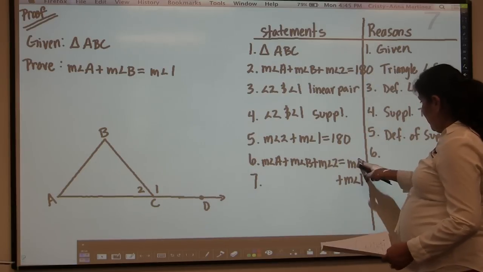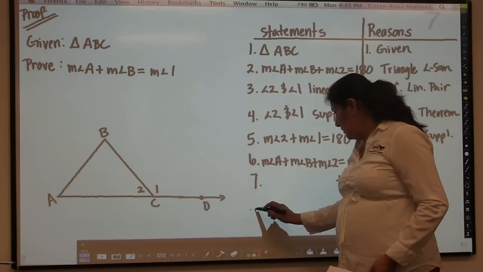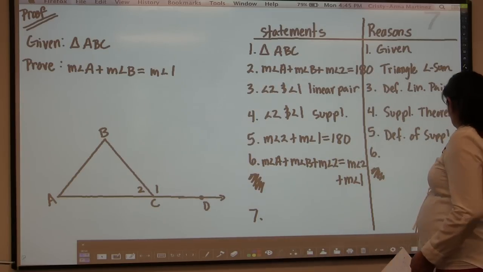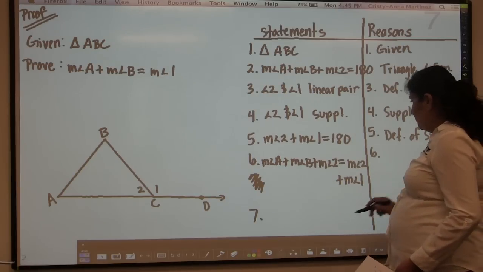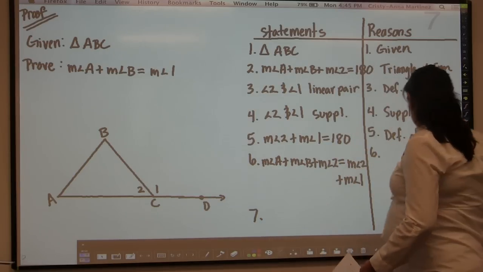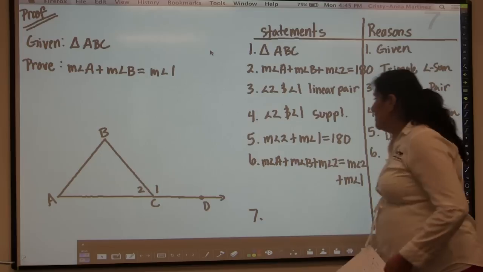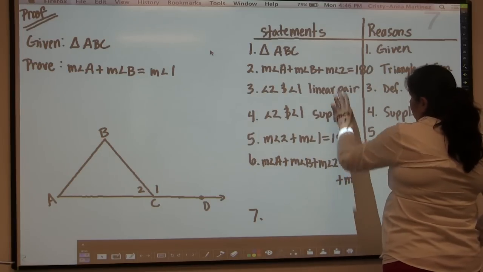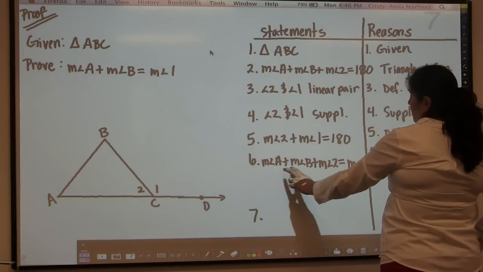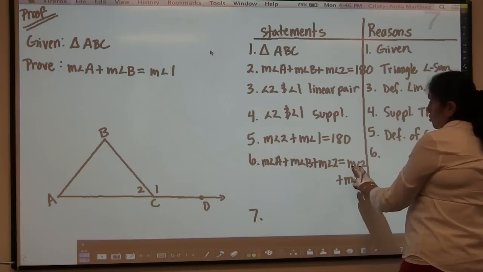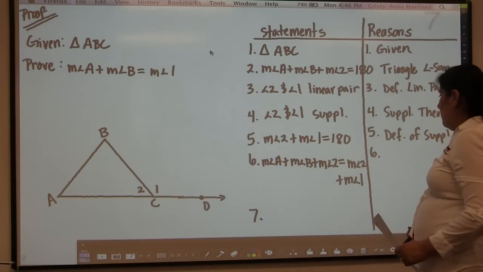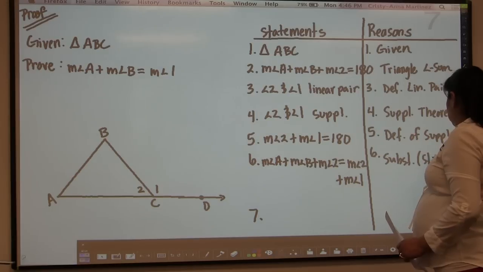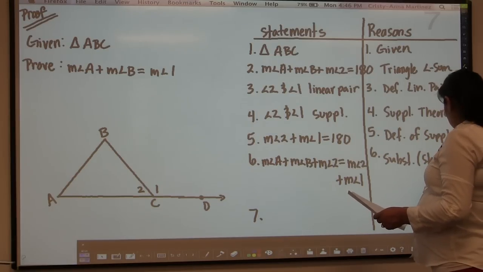Unfortunately, I had to drop down here, so we're going to bring this further down. But basically, since this equals 180 and this equals 180, then they should equal each other. So we've got A plus B plus 2 equals 2 plus 1. And that's going to be substitution, from steps 2 and 5.